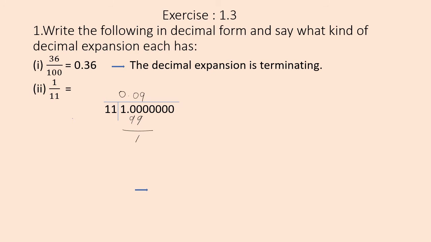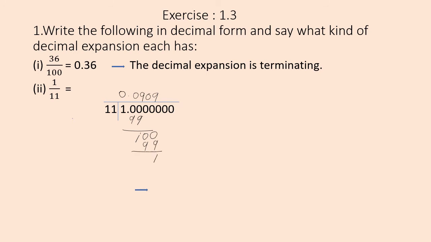Again bring down one more digit, that is 0. 10 divided by 11, that is not possible. So you have to add one more 0 in the quotient. Bring down the next digit, so it becomes 100. In 100, 11 goes 9 times. So you write 9 in the quotient place. 9 11s are 99. Doing the subtraction, you are getting 1.